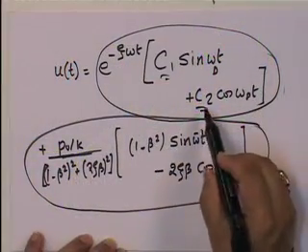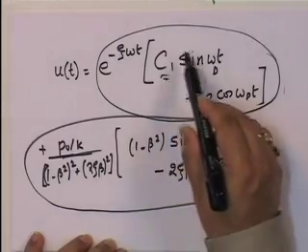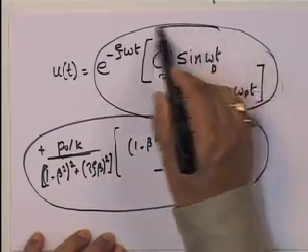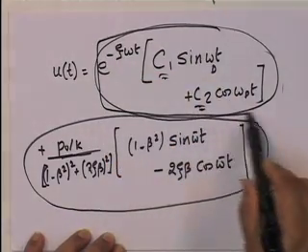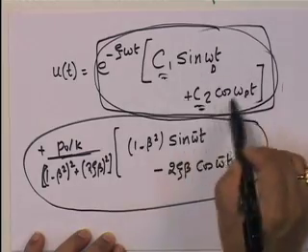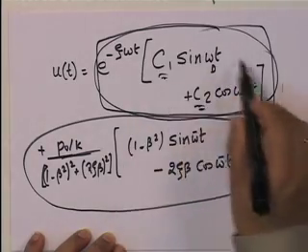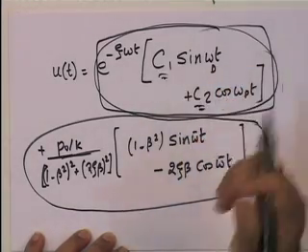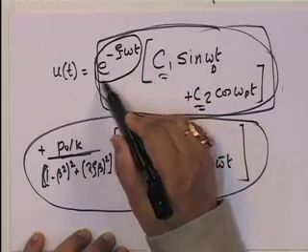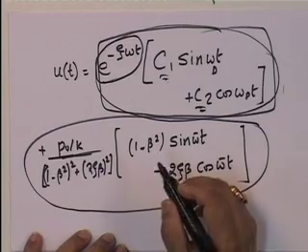The other interesting part, if we look at this, is the following. C1 and C2 depend on the initial conditions, but what is happening to this part? This part is a harmonic part which is modulated by e to the power of minus xi omega t.